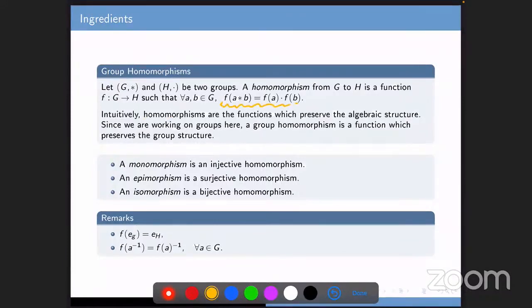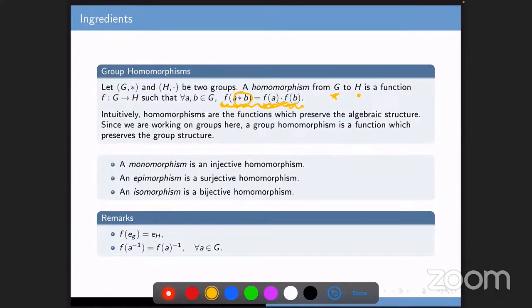So this function should be preserving the group structure, and this is the way it does it. We have this A star B in the first group, and it is mapped to F(A) dot F(B). The operation on H could be different, right? But this is the story. This element gets mapped to this here. So if this condition is satisfied, we have a homomorphism, not just an ordinary function.